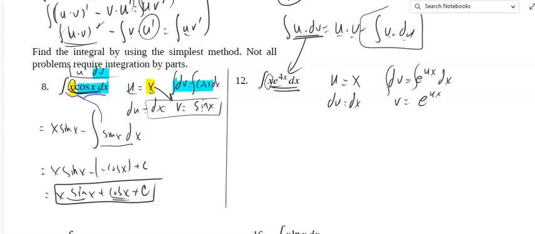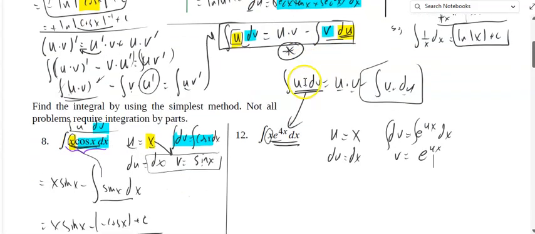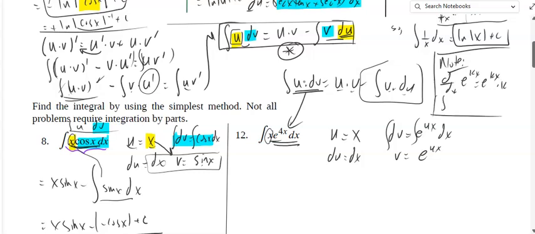Now, when you take a derivative of e to the 4x, maybe I should make that a note on the side. If you take a derivative of e to the kx, you get e to the kx times k. So when you integrate e to the kx dx, you get e to the kx over k.